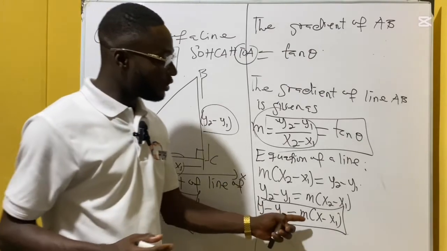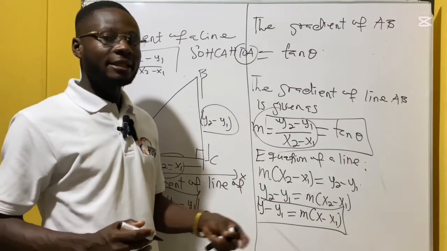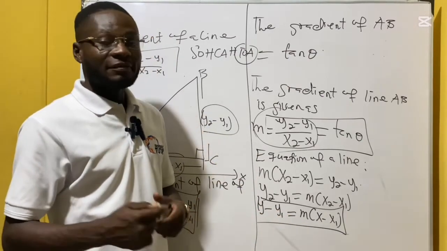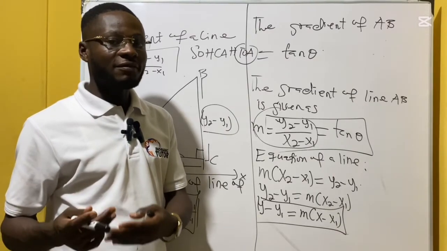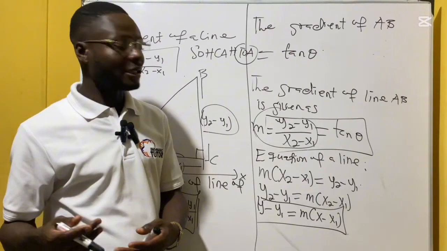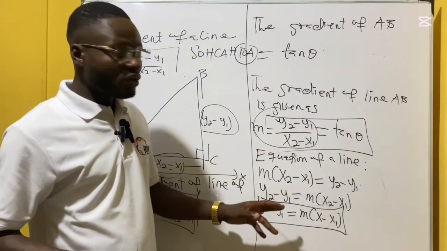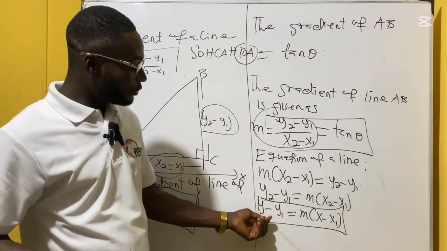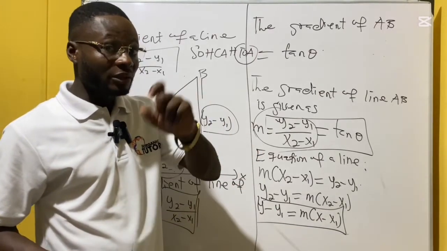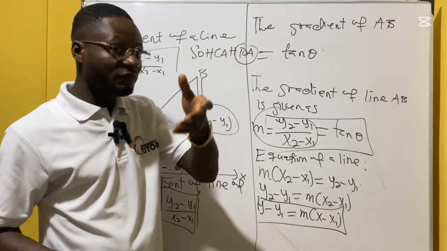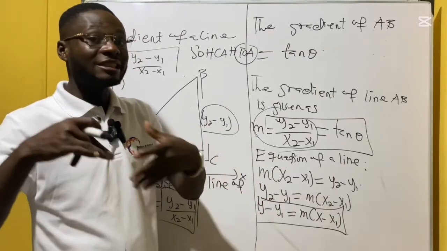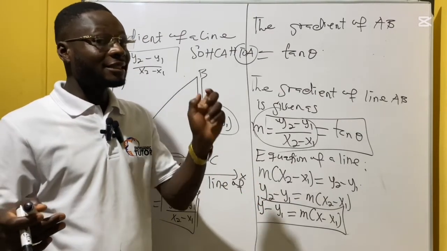So the equation of a line is obtained from the formula of the gradient of a line. In the equation of a line, we basically want to find the equation of a particular line, so we want it in terms of variables, in terms of x and y.